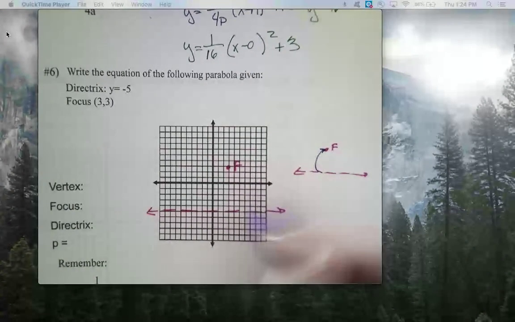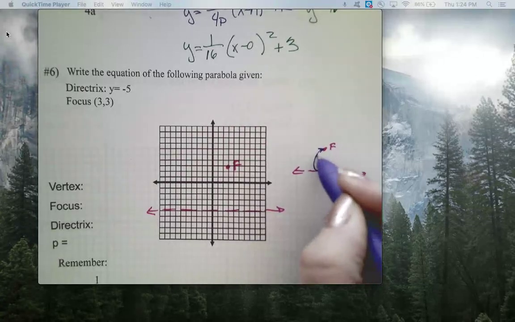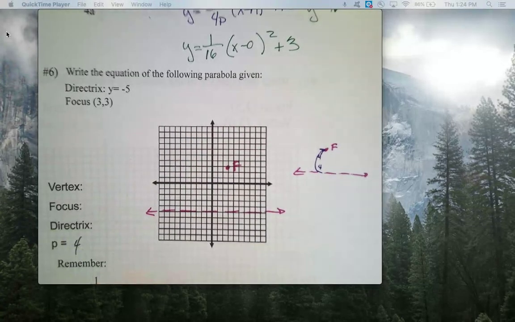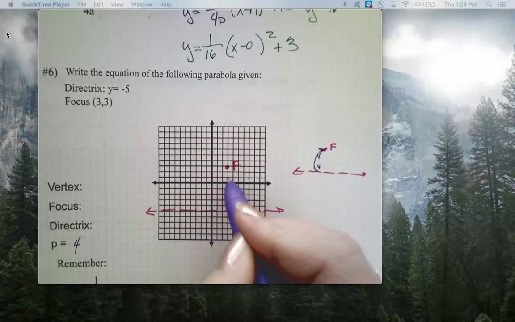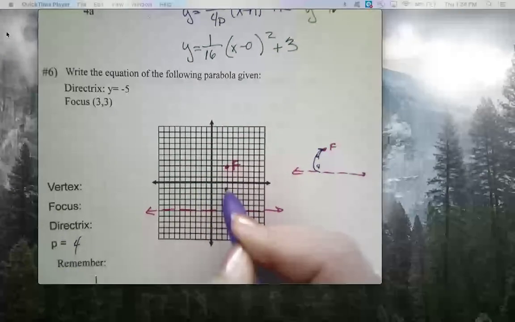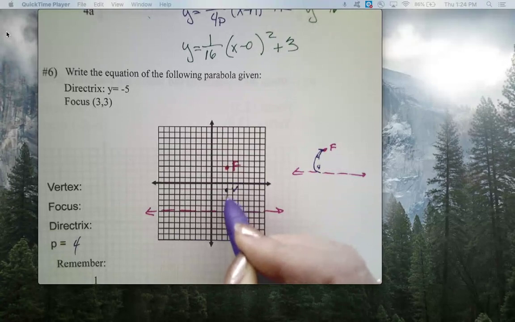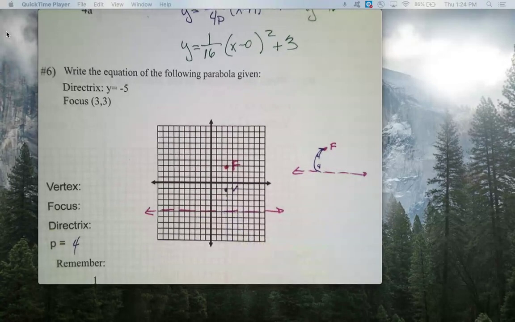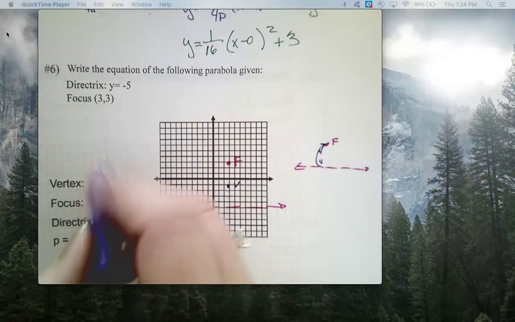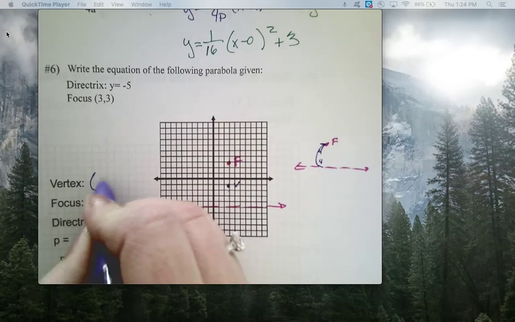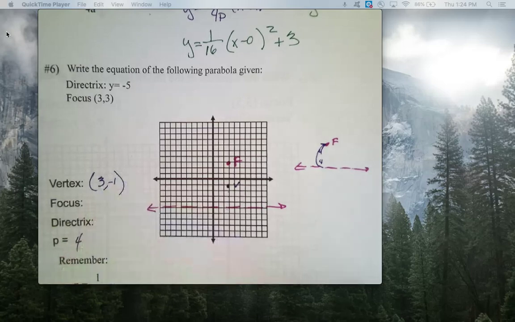If I do half of that distance, it's going to break into a focal length of 4 and 4. So if I go down 4, 1, 2, 3, 4, I found my vertex. And I can go down another 4, 1, 2, 3, 4, and it gives me the directrix. Which means I found my vertex as (3, -1). Are you okay with that part?